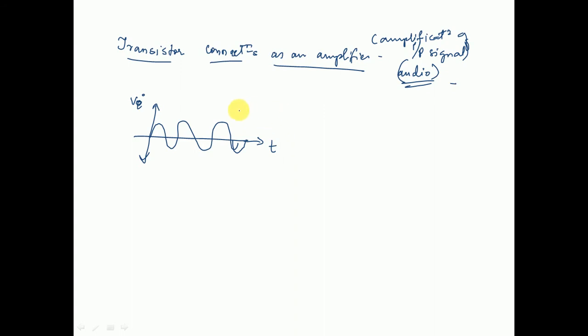I am inserting this particular AC signal, since it has got plus minus alternating cycles, into an amplifier, which is a device that has two terminals. Please remember that it has two terminals. Suppose X and Y are your input terminals and X dash, Y dash are your output terminals.